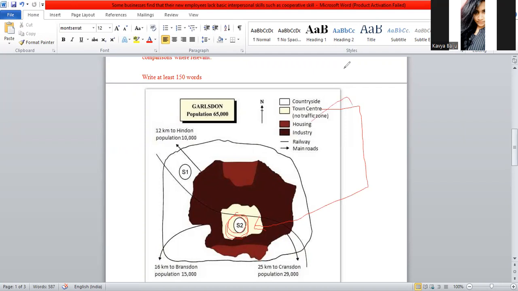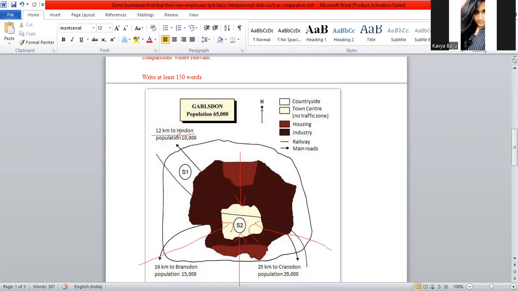That is favorable for the people from the north, for the people from the south, for the people from Branston, and for the people from Cranston. It's a little bit inconvenient for the people from Hindon, but they still have access to it by road.